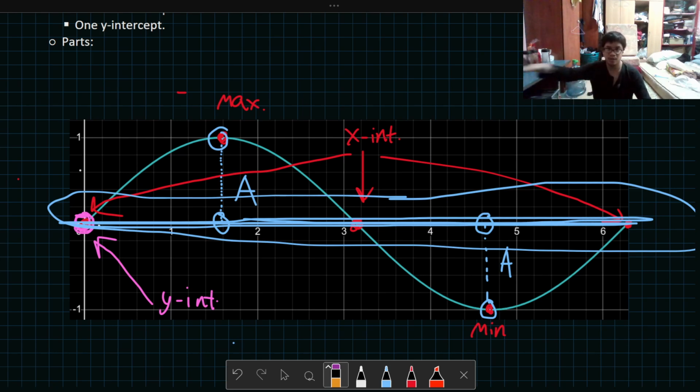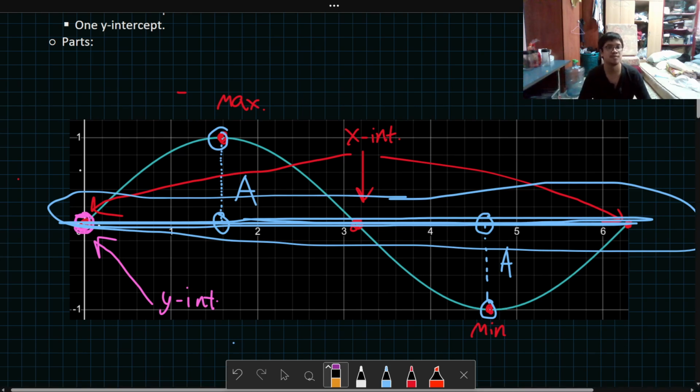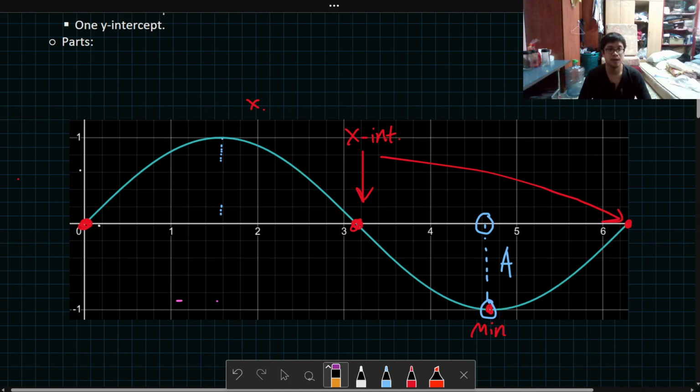The midline, the blue line that I just drew, shows the middle part of the sine graph. Then amplitude tells you the distance between the maximum point and the midline, and likewise the distance between the minimum point and the midline. And of course, don't forget the x-intercepts and y-intercepts. Let me erase them because there's one more part that you need to know.